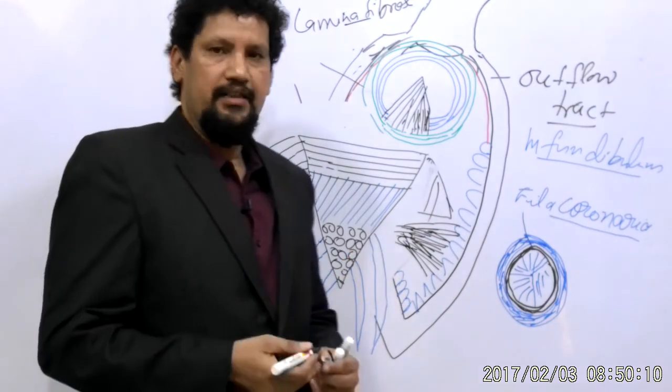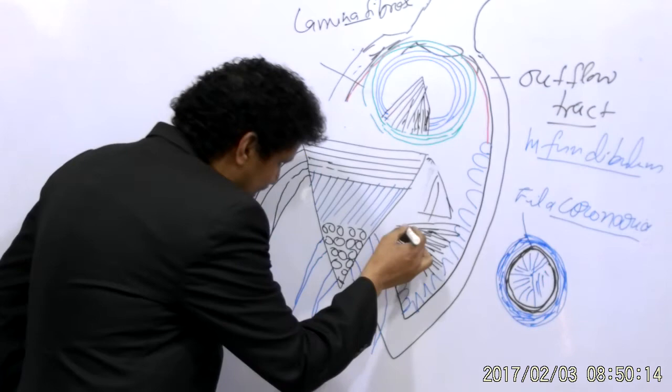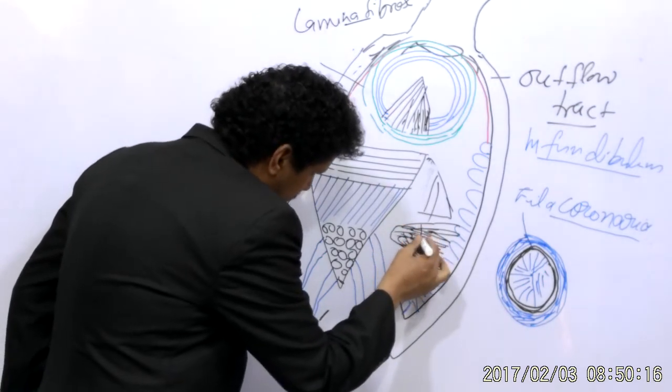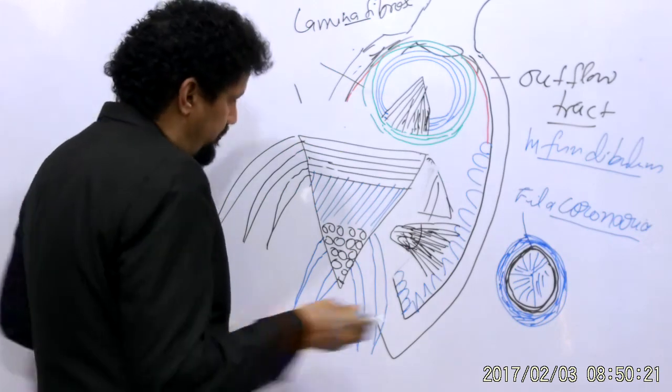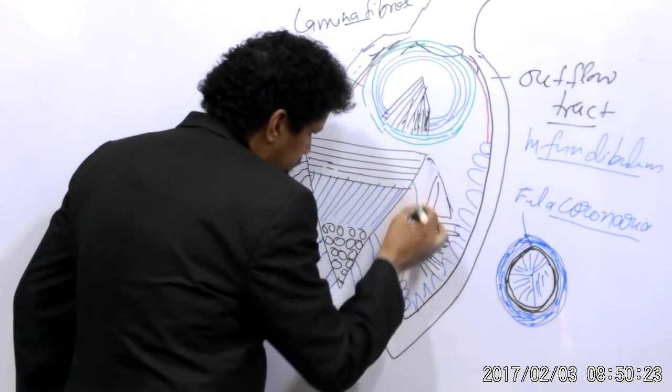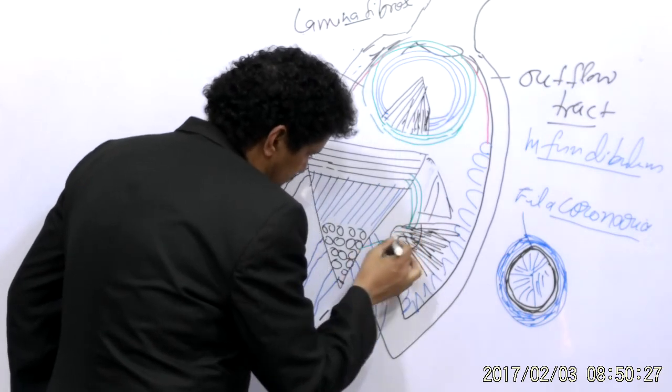This triangular group of muscles is known as papillary muscles, and the terminal one third of this papillary muscle has attachment for the free edges of the cusp.